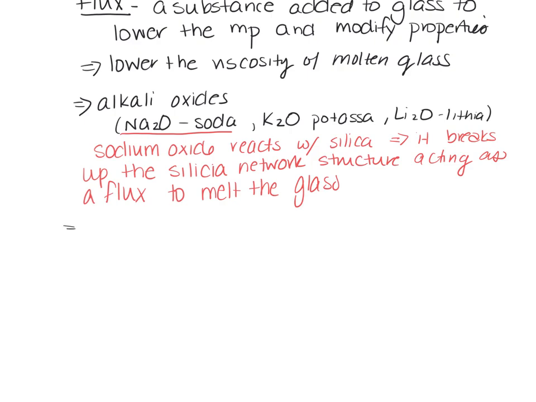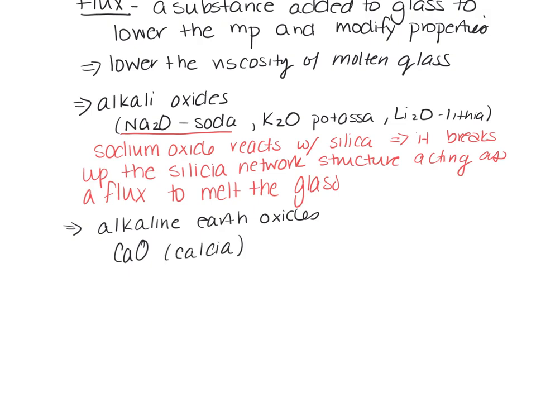Other fluxes are alkaline earth oxides. These are like calcium oxide, which is called calcia, or magnesium oxide, which is called magnesia.